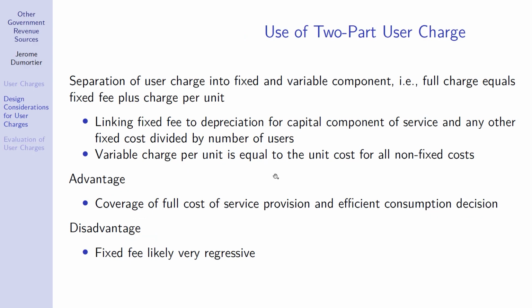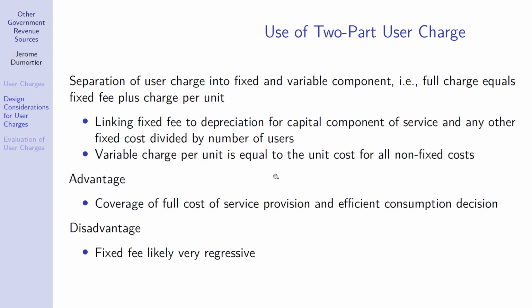There could also be the use of a two-part user charge. This is something that you see very often with respect to utilities, where you pay a connection fee or a fixed amount to be connected to the energy system, the electricity grid, for example, but then you are also purchasing the electricity on a per kilowatt hour basis.